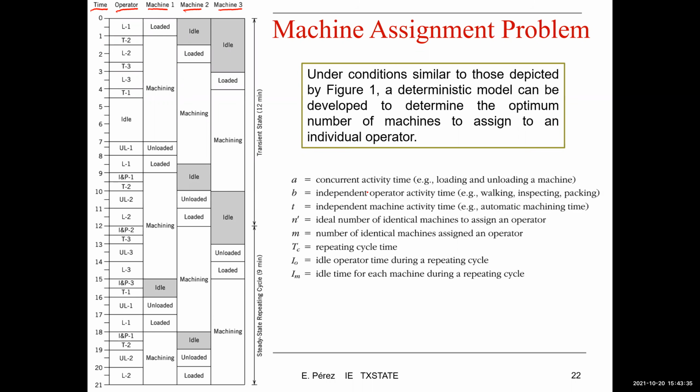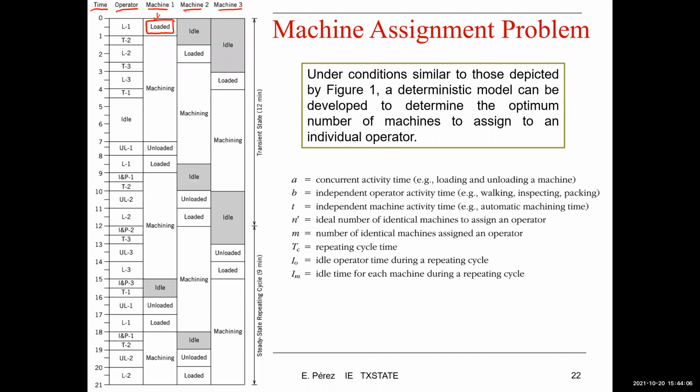If we start with the first machine, the operator will start at time 0. If we have only one operator, he can only load one machine at a time. So he'll be loading machine 1. And as he loads this machine, the other machines will be idle, waiting for the operator to start them. So this is what this time period is representing.